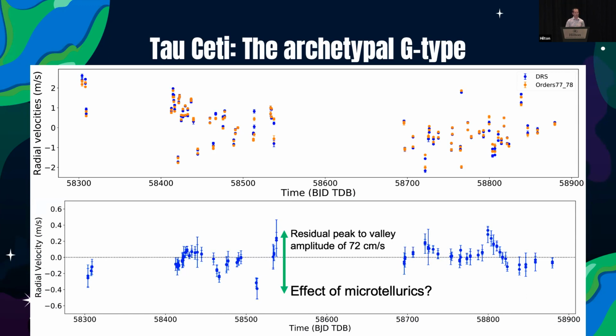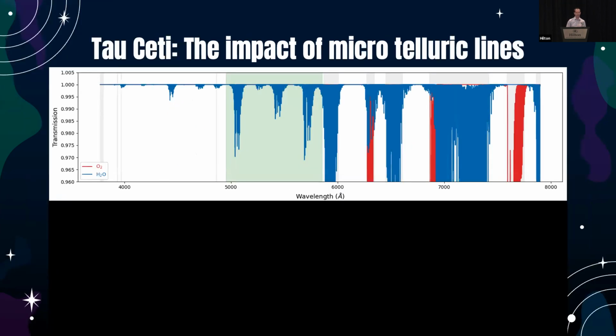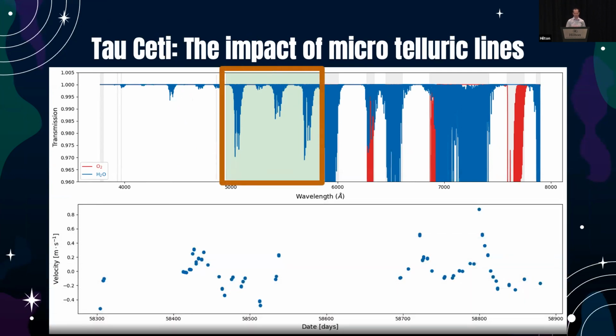How we can prove this is by computing the CCF only on a specific spectral range, between 500 nanometers and 600 nanometers, where telluric lines are not masked by the default mask.